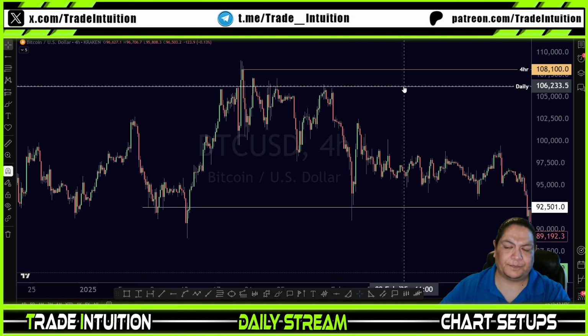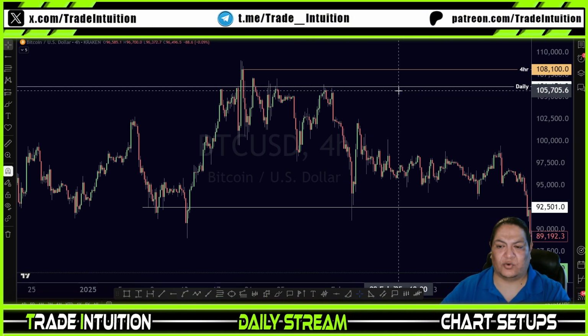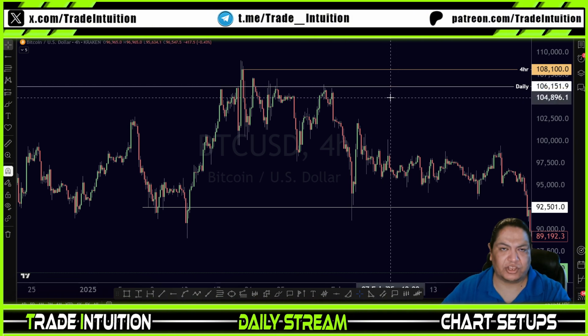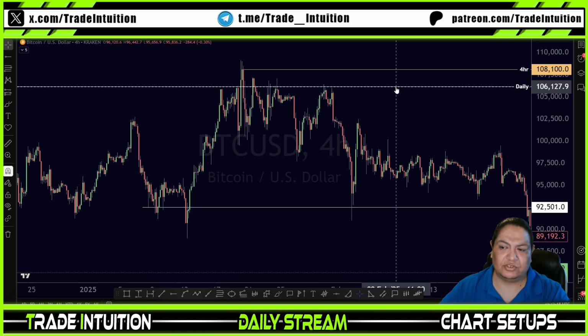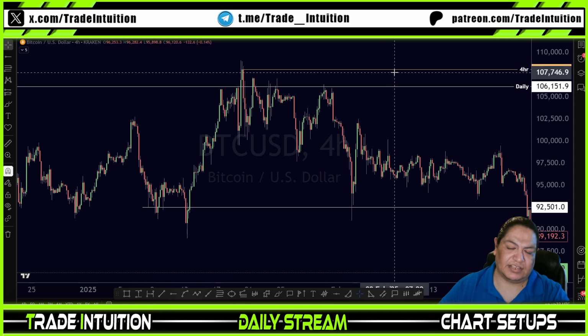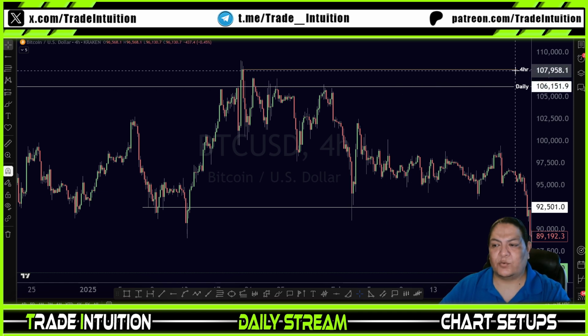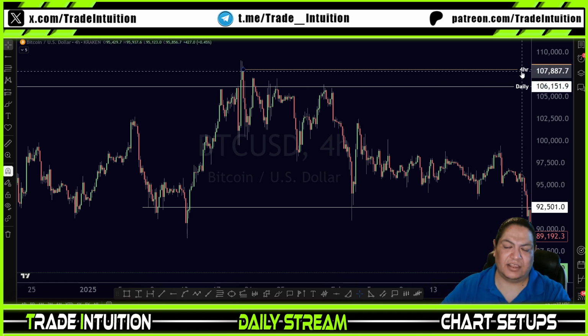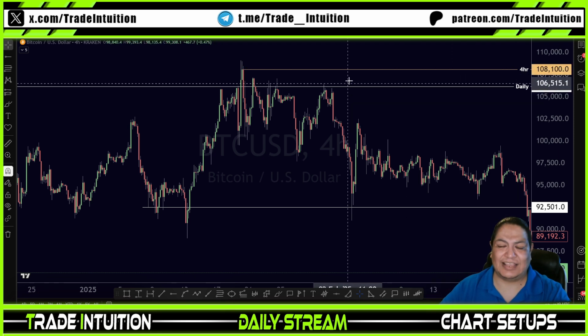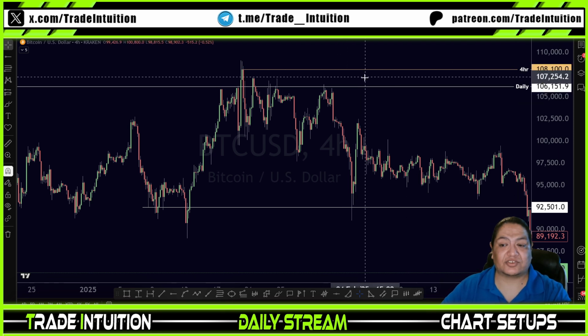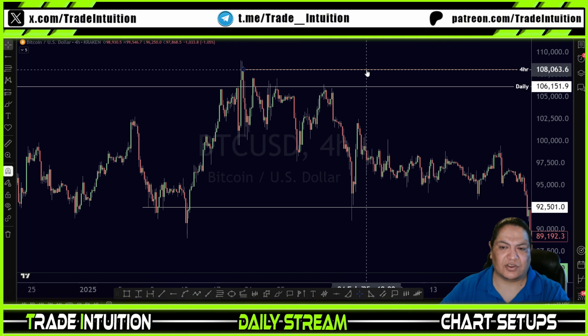Now, it doesn't mean it's going to get rejected here. It just means there's a pretty good chance it might get rejected due to the strength of this. It'll be rejected until it breaks up. Then we have our next level, right here, of our 4 hour. This is very strong, not as strong as the daily, but still very strong.